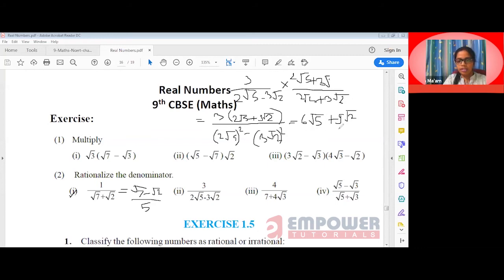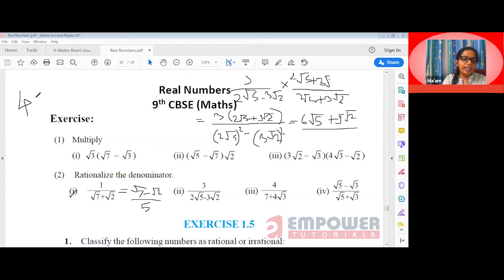And in the denominator it will be 2 root 5 squared minus 3 root 2 squared. You need to square it, right? Yes. 4 root 25. How can it be 4 root 25? 4 into 5, right?